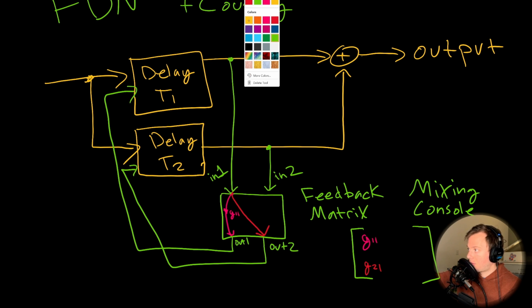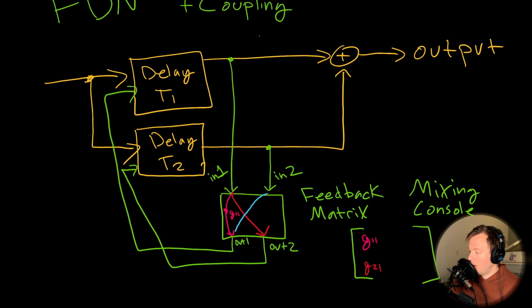Then we have yet another connection inside that goes from the second input to the first output. And that is going to be over here. This is G12.